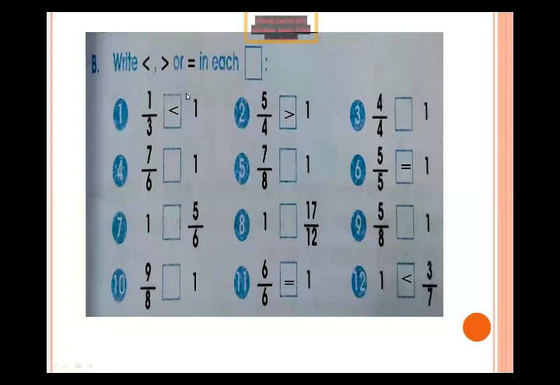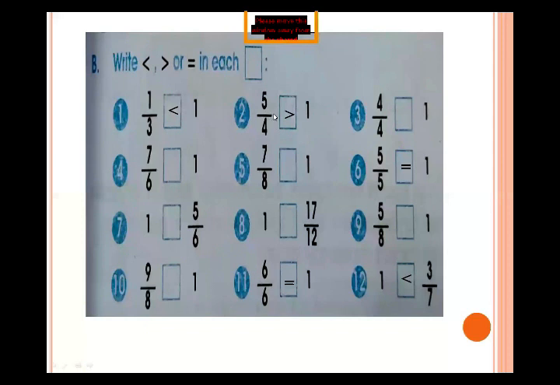In the previous slides, we learned that if the numerator is less than the denominator, the fraction number is less than 1, and if the numerator is greater than the denominator, the fraction number is greater than 1. Now see here, 1 upon 3 means the total parts are 3, only 1 is shaded, but 1 shows the whole shape is shaded. It means it is less than 1, so we say 1 upon 3 is less than 1.